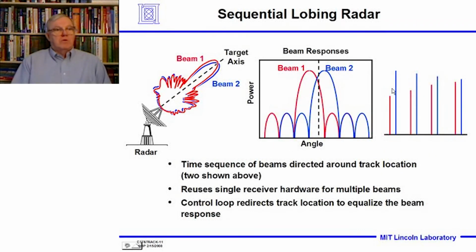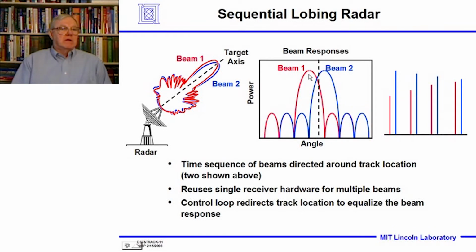First, sequential lobing. With sequential lobing, we take the antenna and we know approximately where the target is. It's located out along this dashed line. That's where the target is located. And we see a visualization of power versus angle here.